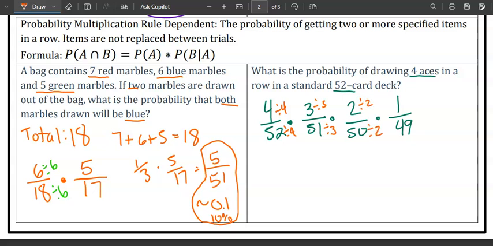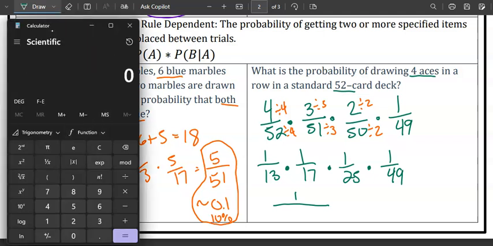Let's rewrite it: 1 out of 13 times 1 out of 17 times 1 out of 25 times 1 out of 49. We'll multiply these 4 numbers together. Let's do 13 times 17 times 25 times 49.